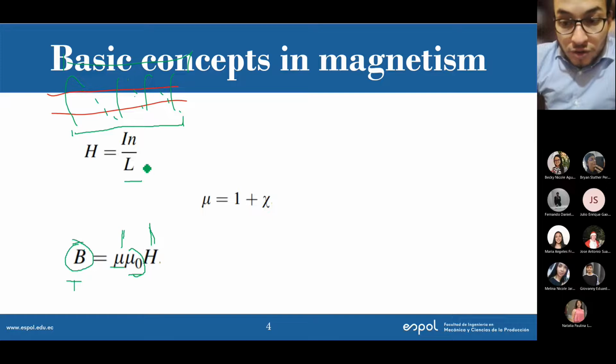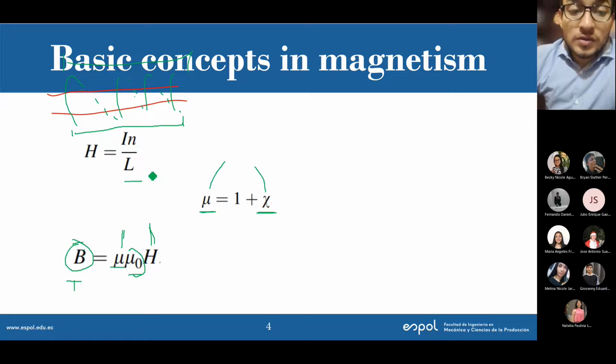And then there's also a relationship between susceptibility and permeability, right? So remember this is susceptibility, and this is permeability. So permeability equals 1 plus susceptibility.